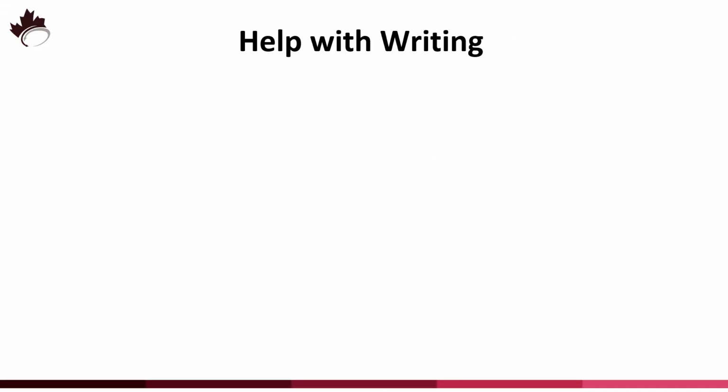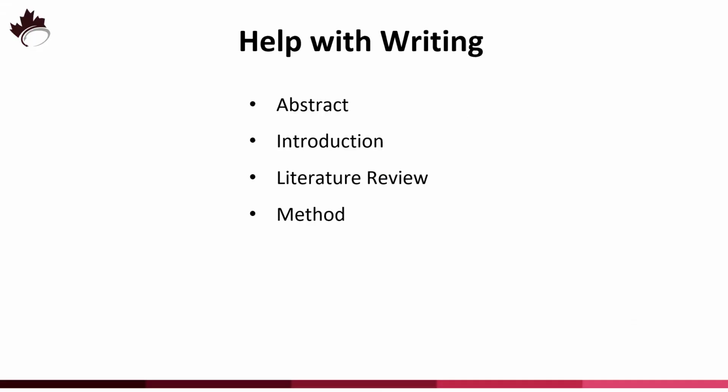So then once I've perfected a model and I think I have something that's publishable, then I get it to help me with the writing of the paper. And I get it to help me with an abstract, the introduction, the literature review, the method, the results, and the conclusions.